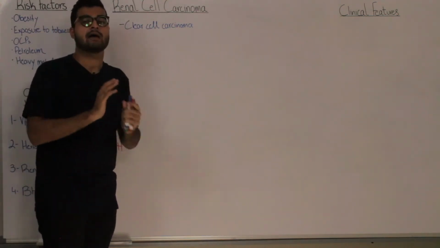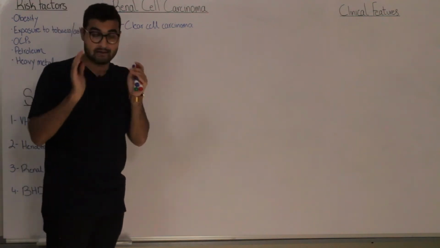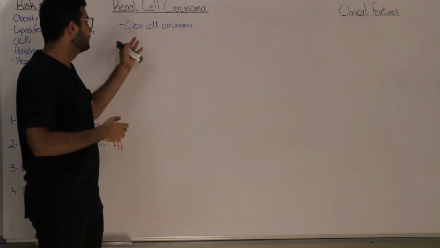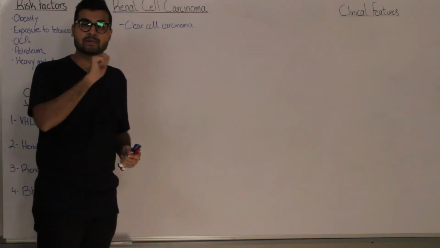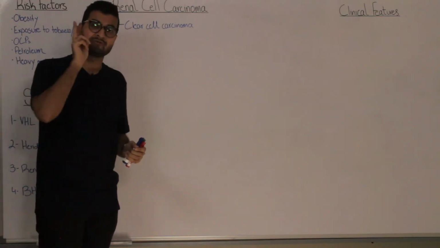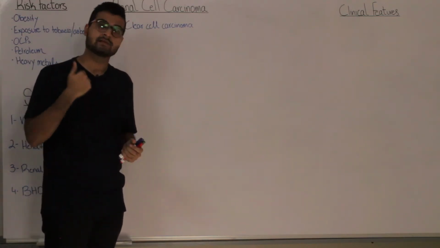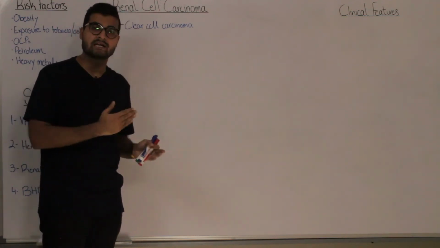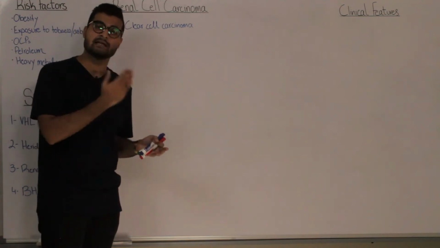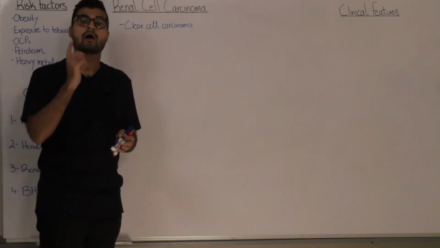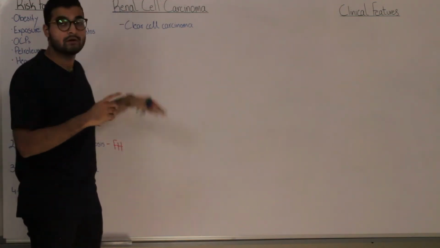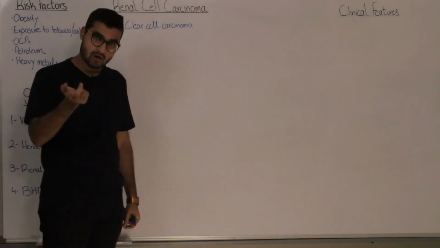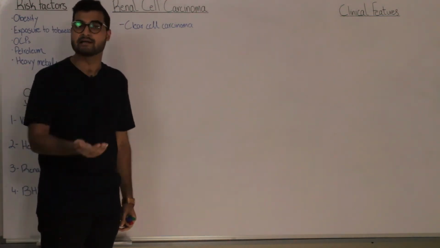You have two copies of the VHL gene in every normal human being. Due to hereditary conditions, there might be people who have an absent VHL gene on one chromosome. It's present on chromosome number 3, and you have 2 copies of each chromosome inside a human being.